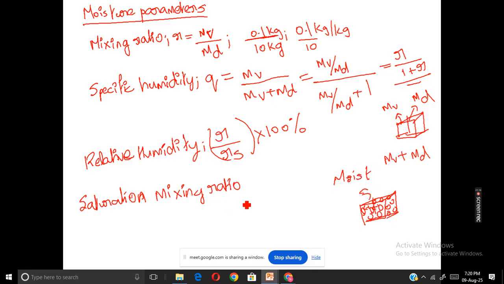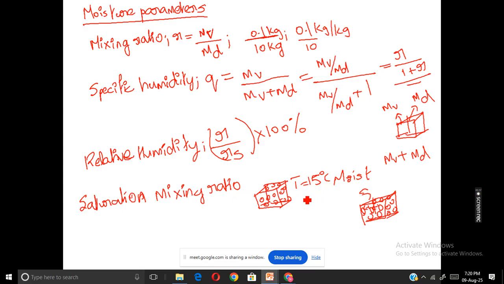At a given temperature, there is a particular amount of moisture or water vapor that an air parcel can hold. Suppose the temperature is 15 degrees Celsius. It already has dry air molecules, and we are adding water vapor in addition to the dry air, so it needs space to occupy.